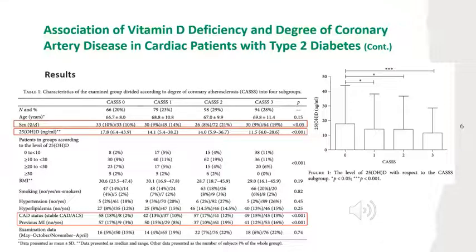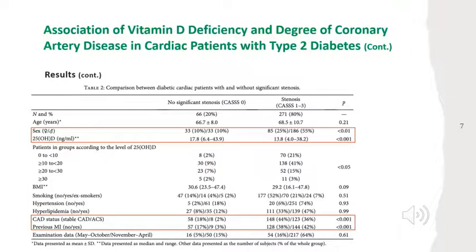The results show a statistical significance in the prevalence of patients divided according to sex, CAD status, and previous myocardial infarction among CASS subgroups.